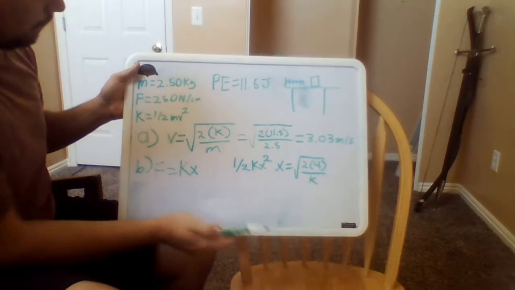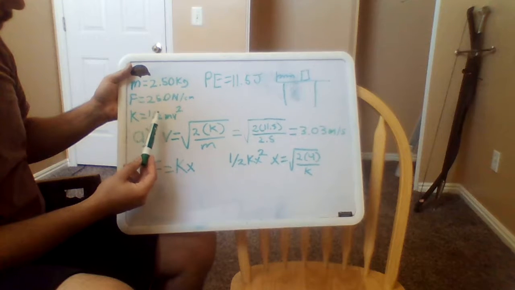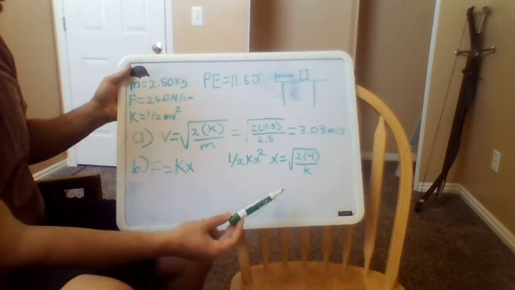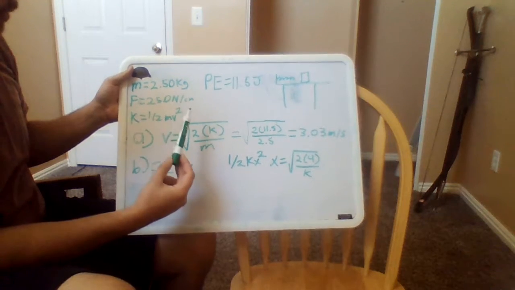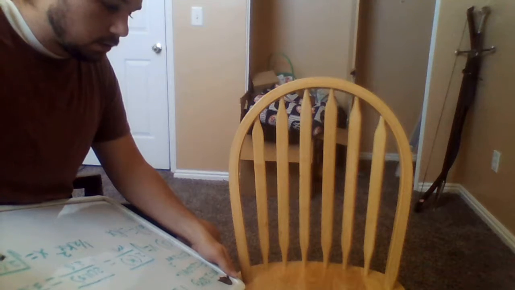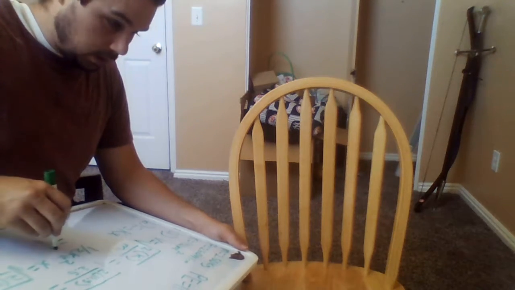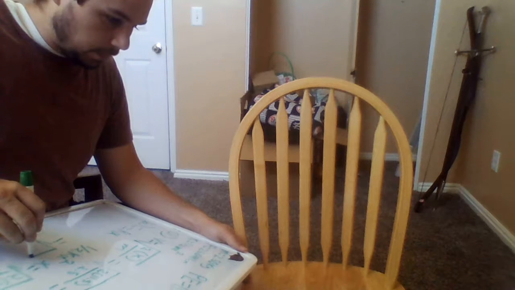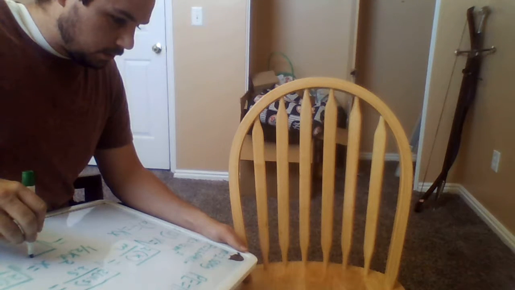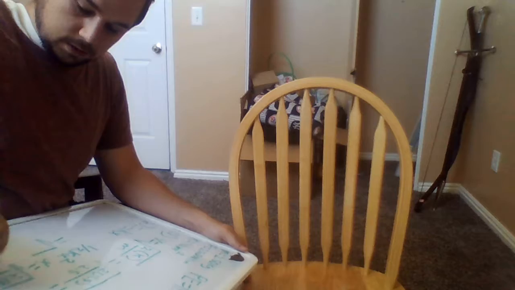So k, we're given that our force is 25 newtons per centimeter. We need to convert that to newtons per meter. And so we're just going to times it by 1,000. Let me explain this a little bit better.